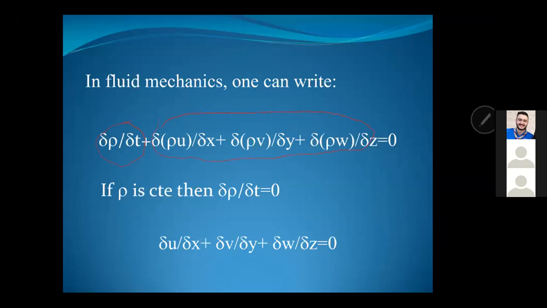It's a flux term, meaning the divergence of the velocity times the density, like ρu. It's a flux, in kilogram per meter squared per second. It's the mass flux per surface unit. This one is the accumulation, and this one is the mass flux term.